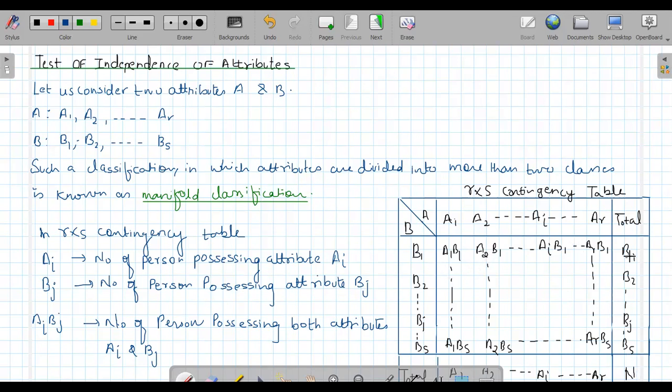Capital N denotes the total number of people in this table. So this type of table that gives the idea about the number of people having different combinations of two characteristics is called an R cross S contingency table.